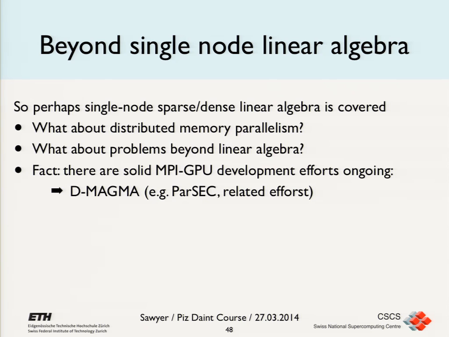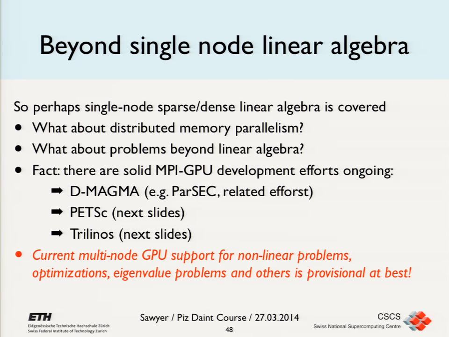I think I mentioned at the very beginning, MAGMA. There's some plans for distributed MAGMA, and some things have been implemented. There's something called PETSc, which has concrete plans, is a distributed memory library, and has plans for GPU, or actually current development. And there's something called Trilinos, which I'll talk about too, which has concrete development efforts.